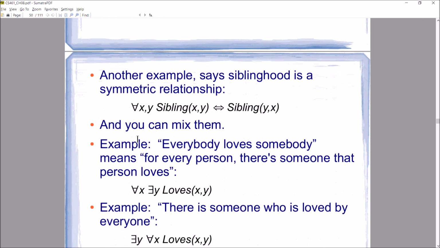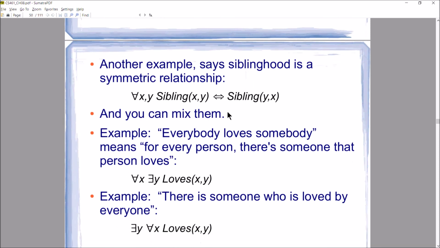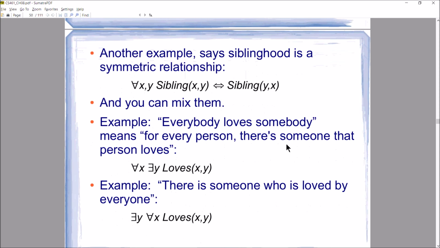You can mix the existential and the universal quantifiers together. For example, if you wanted to say everybody loves somebody, one way you can interpret that is to say, for every person, there's someone that person loves. If you look at this from the inside out, it might be easier to see. If you say x loves y, now you add this existential quantifier on it, then you're saying there is at least one y.